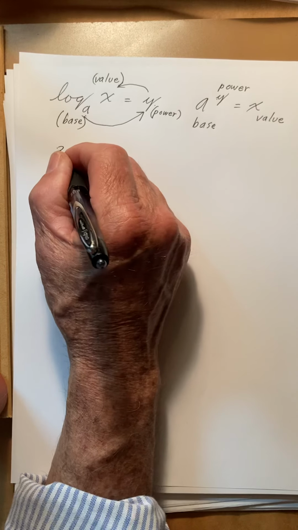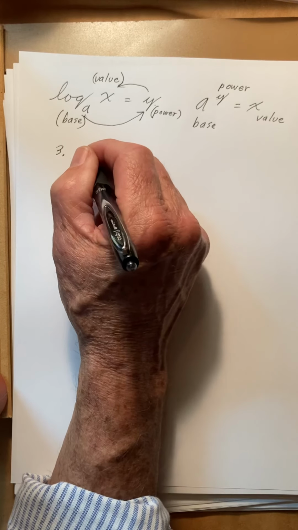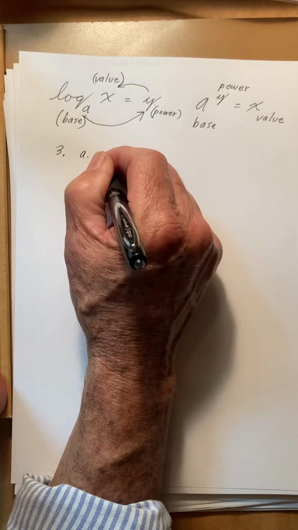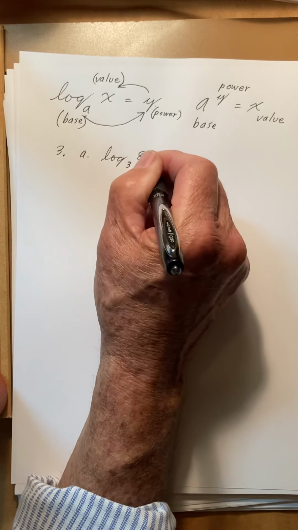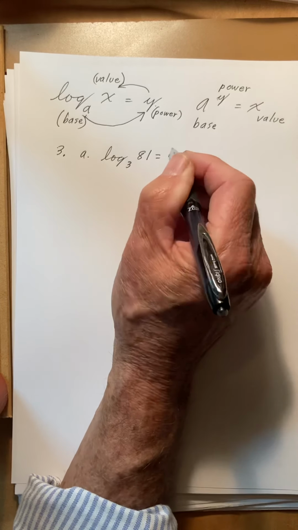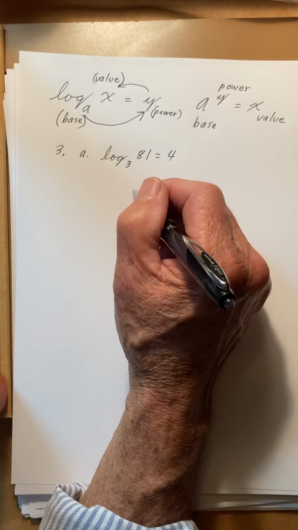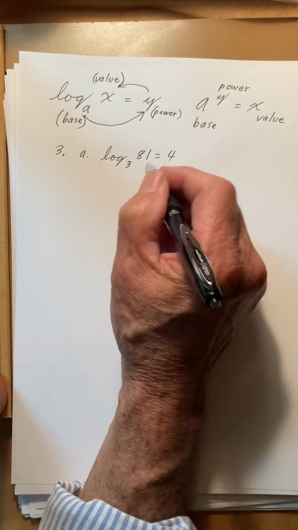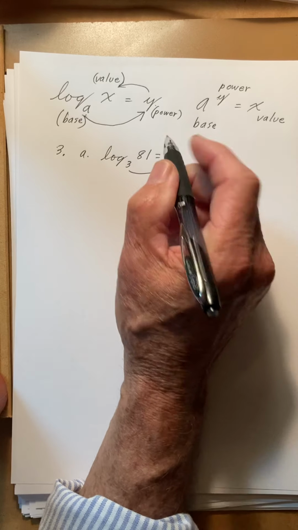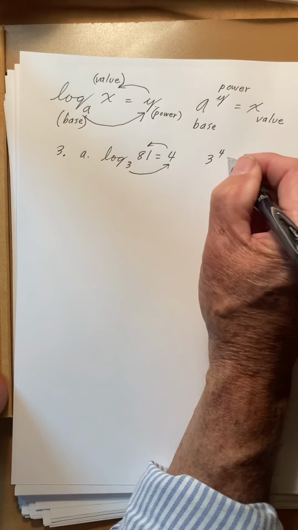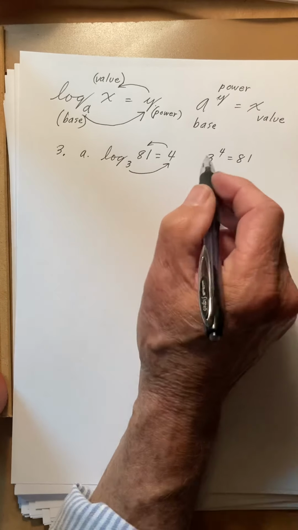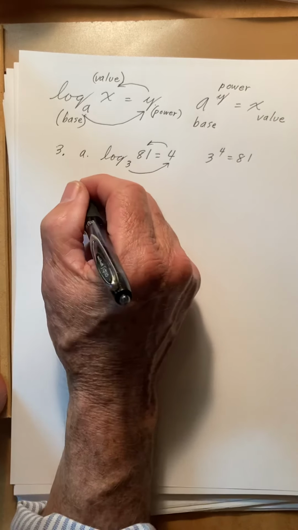So looking at some examples under number 3, part A says log base 3 of 81 is equal to 4. We are asked to write the exponential equivalent. So if we go 3 to the 4th equals 81, we have it. And of course 3 to the 4th does equal 81.